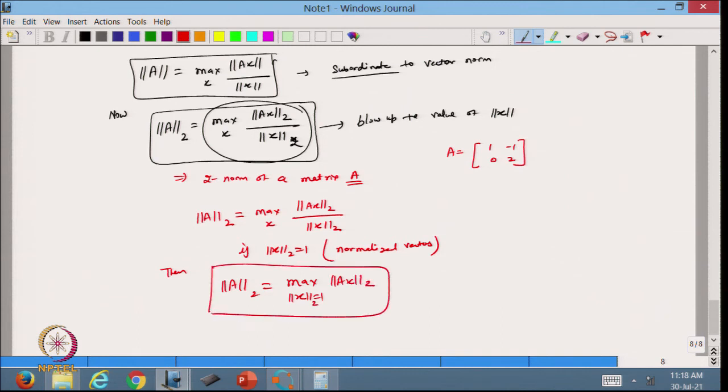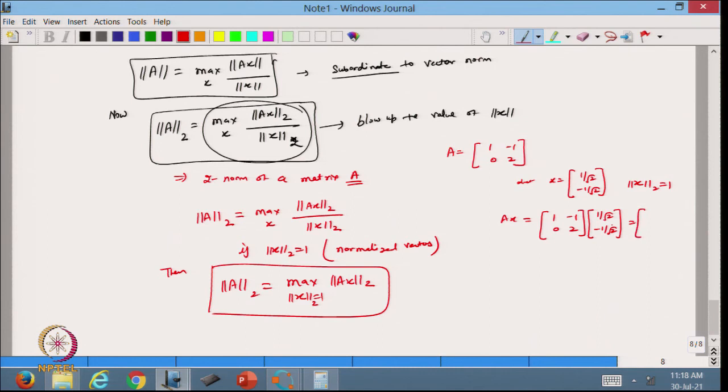So this is another definition of this one. Now, I will use this one. I have taken A here. Let me take x as 1 by root 2, minus 1 by root 2. Why have I taken this one? Because its 2 norm is 1. Now, I multiply by Ax. So Ax is [1 -1; 0 2] times [1 by root 2, minus 1 by root 2].